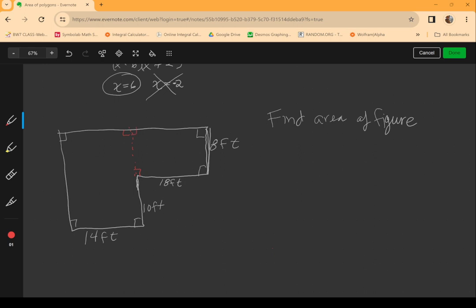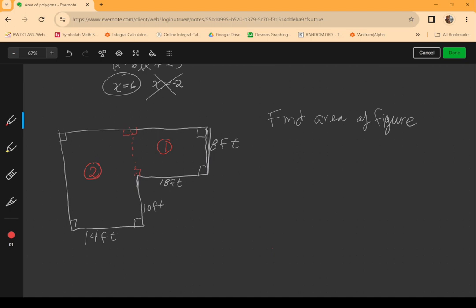We'll call this one rectangle 1 and this one rectangle 2. The goal is that I can find the individual areas of 1 and 2, and then the total area would just be area 1 plus area 2.